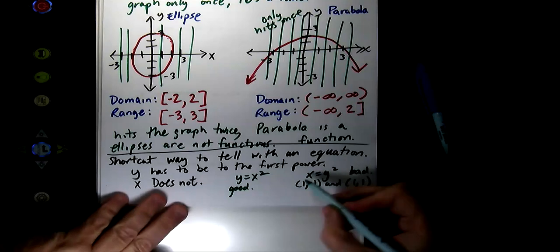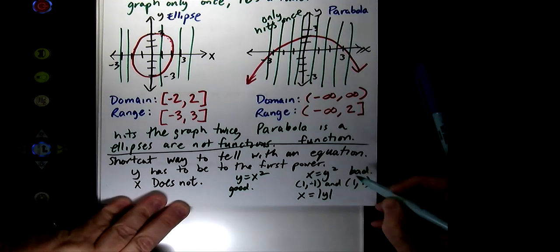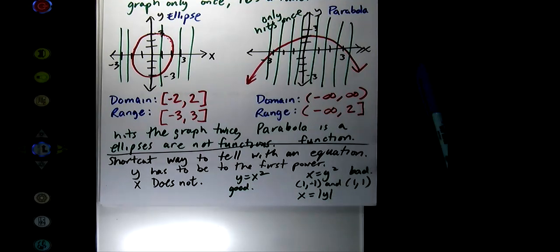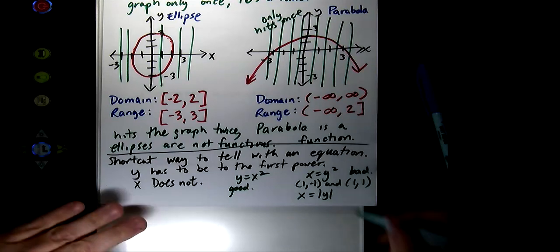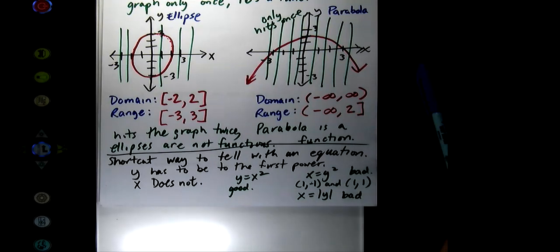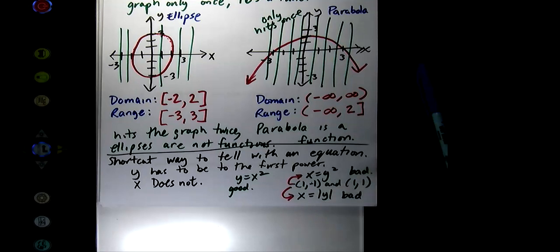The same problem occurs with absolute value for y. You have an absolute value for y, the same thing happens. In fact, those same points work on it. Conveniently. So x equals absolute value of y is also bad. These points work on both of them, and I have one x value that has more than one y value.